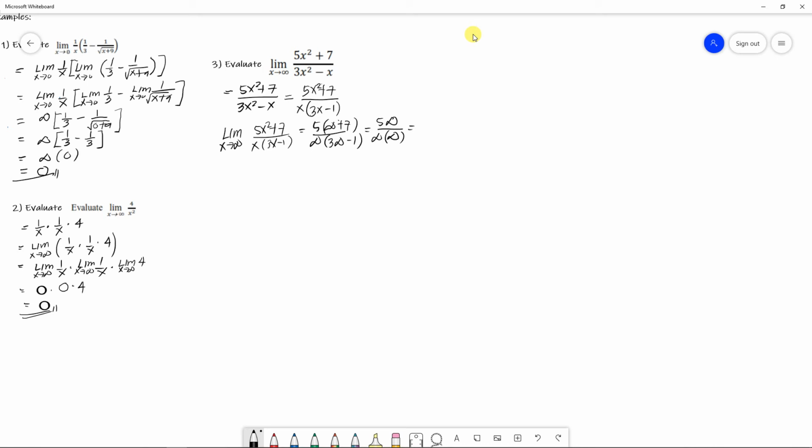So 5 times infinity is infinity. Infinity times infinity is infinity. So the answer is undefined. So hindi pwede yun. So cannot be. So buburahin ko ulit. So, ang pwede natin gawin, we have to think of another way in factoring the equation. Kasi hindi nga pwede yun. Hindi pwede tayong magkaroon ng sagot na undefined. Mali na to.